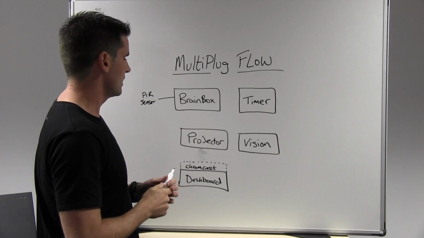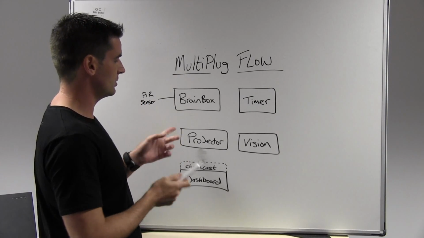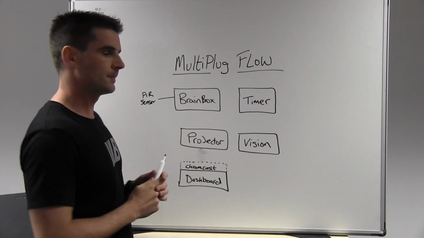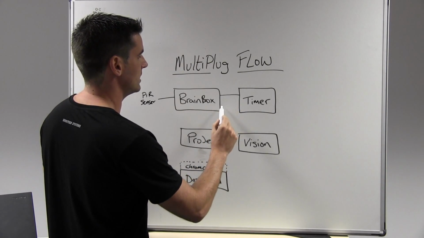Every time the PIR sensor goes high or low, it triggers an event, two events, one for high, one for low. We're going to plumb those in to a timer.